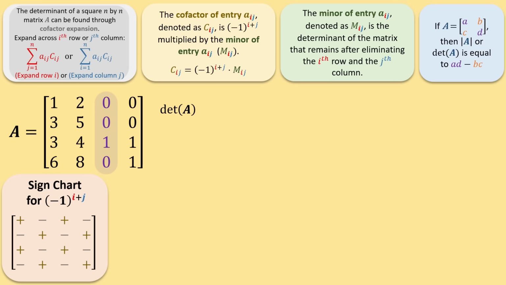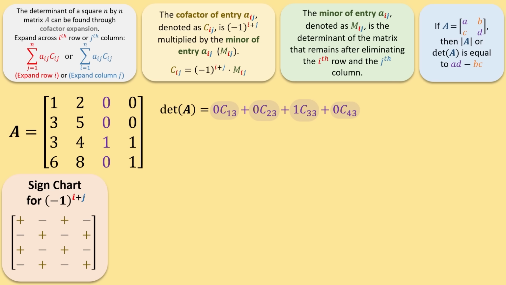Using cofactor expansion, we get the determinant of A is equal to the value in the first position of our column, 0, times its respective cofactor C13, plus the value in the second position of our column times its respective cofactor C23, plus the value in the third position of our column times its respective cofactor C33, plus the value in the fourth position of our column times its respective cofactor C43.